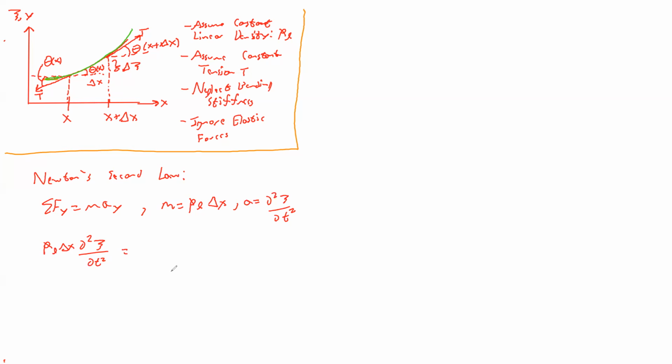Now, what are the forces acting on this? Well, the primary force is the tensile force. So we're neglecting things such as gravity, again, and anything else that you might consider. We're ignoring that here because they do not play a significant effect, or even they don't play an effect at all.